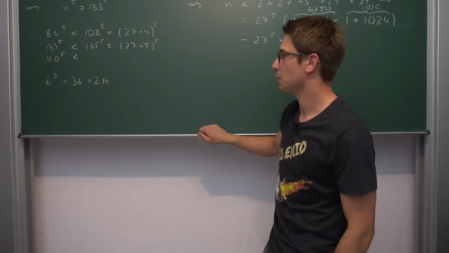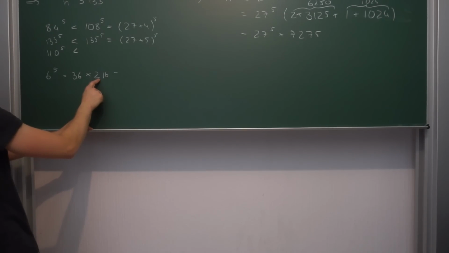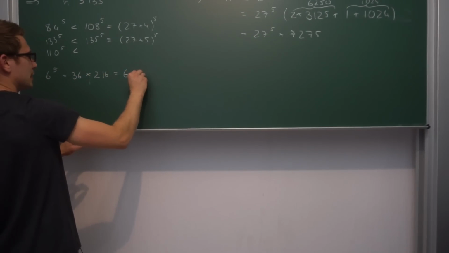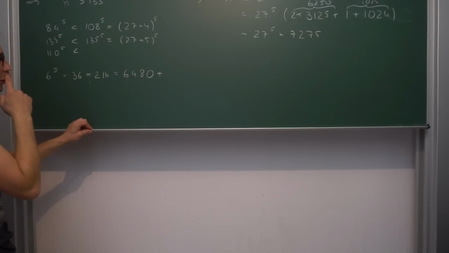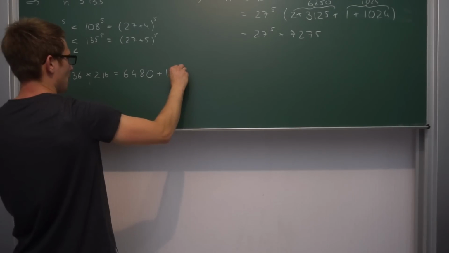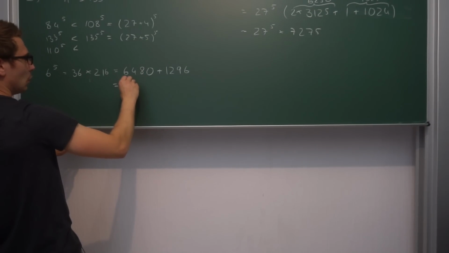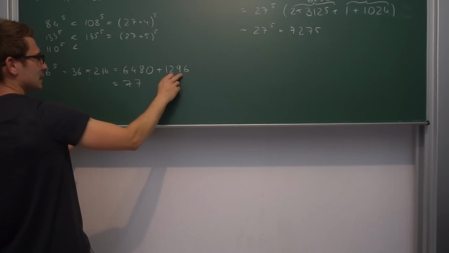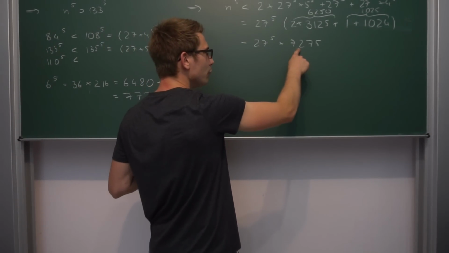Yes, 216, and if we multiply those together, we are going to get 216 times 30, which is going to give us 648, so 6,480 plus, and now 6 is the double of 3, meaning just 648 doubled, which is 1,296 exactly, meaning we are going to get overall 7,776, which is most definitely above our number.